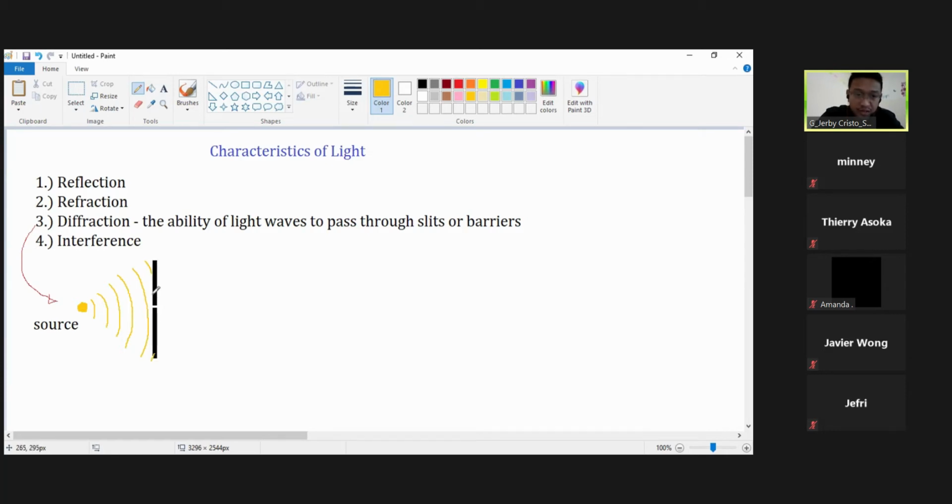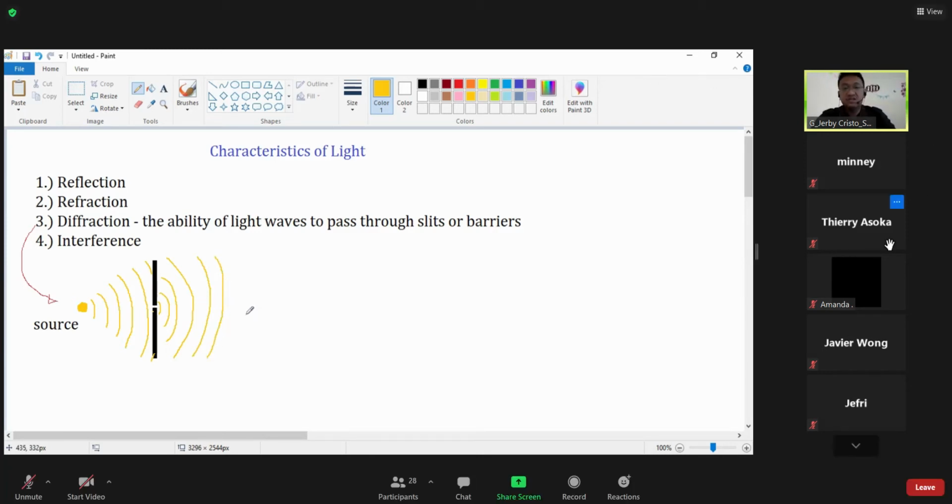We expect light to reflect, so it will bounce back as how we define reflection. But if there is a slit, this is what is going to happen with the wavefronts of light. At the slit, it will create a new pattern of wavefronts. It's just like the light passed through the slit normally. So this ability of light to pass through that slit is diffraction.